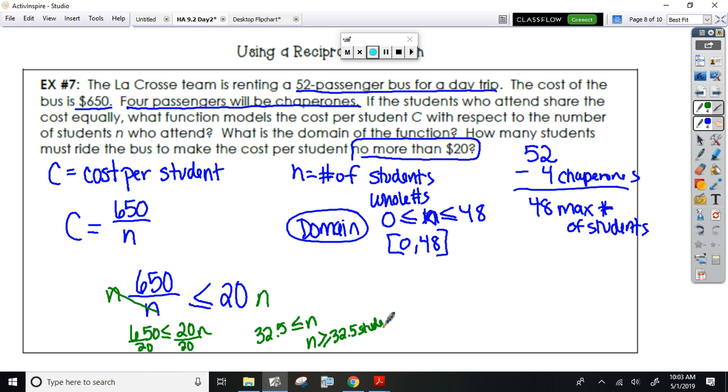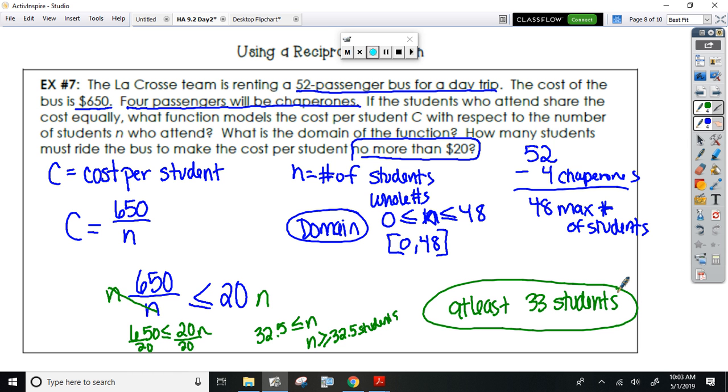So we can't have 0.5 students. So what's the closest whole number that is greater than or equal to 32.5? 33. So we would need at least 33 students. That will keep the cost under $20 per person. You could have more, and then the cost would be less than 20.